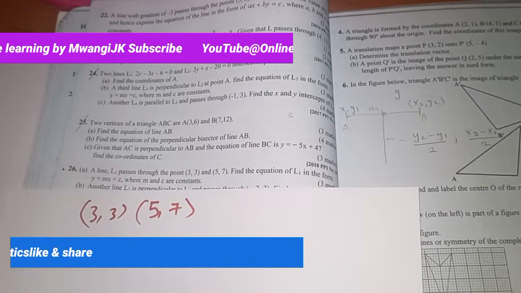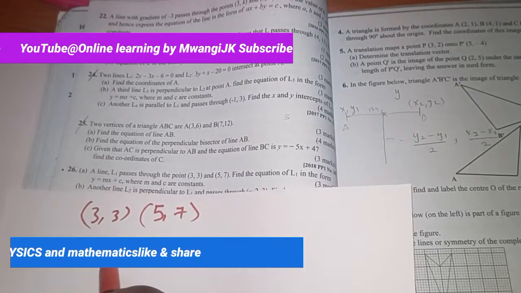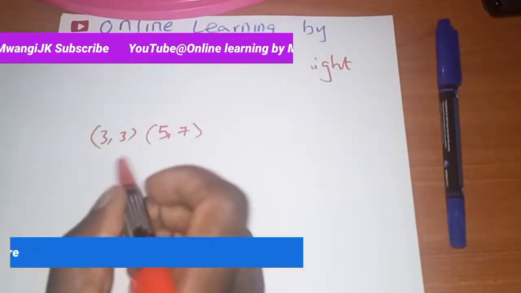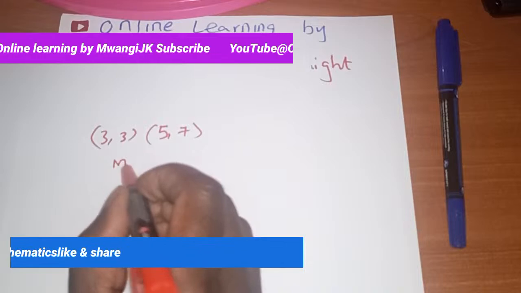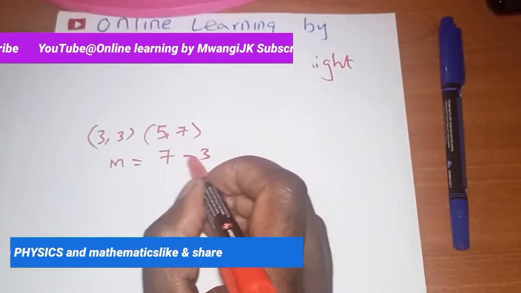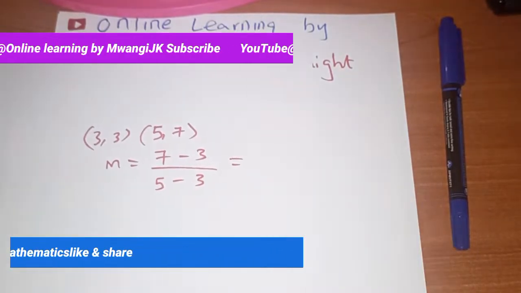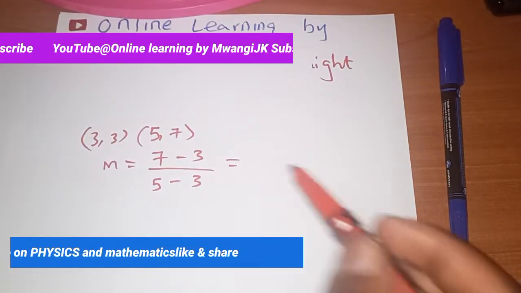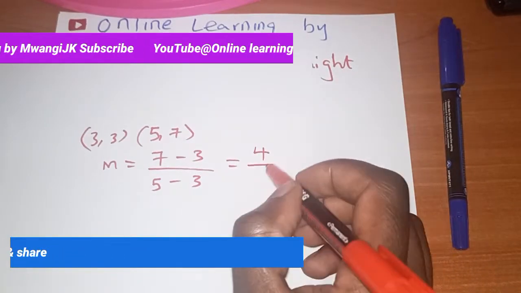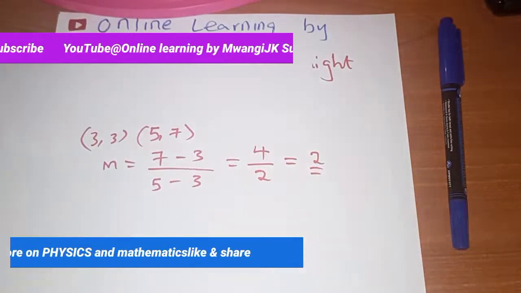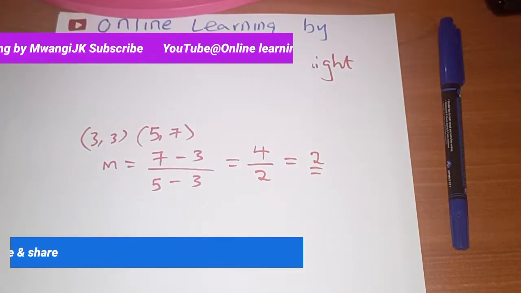To find the equation of the line, we first get the gradient. m is 7 minus 3 divided by 5 minus 3. 7 minus 3 is 4, 5 minus 3 is 2, and this equals 2. So the gradient of that line is 2.